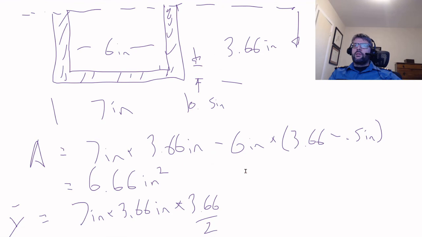That's the area times the y-bar. And then since this space here is negative, we subtract 6 inches times 3.66 minus 0.5 inches, times its y-bar location, which is just this again divided by 2.